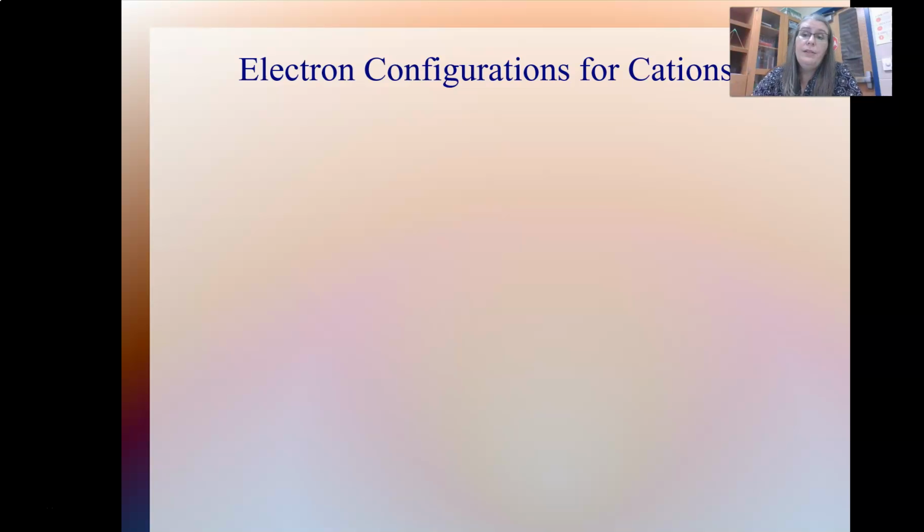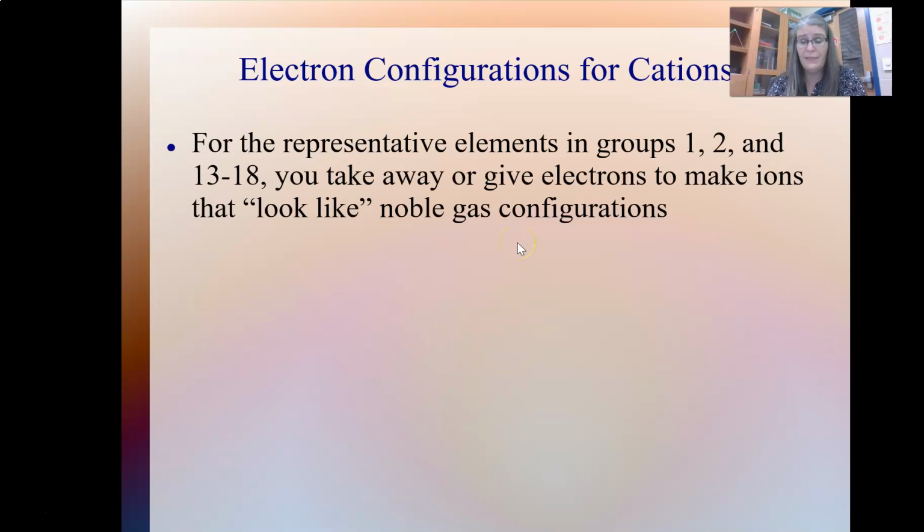So the other thing I wanted to look at was making some anions and cations, especially cations of the transition metals. Because we really should remember how we form ions for the representative elements, the s block and the p block. And that's that we're going to take away or receive electrons so that we make ions that are isoelectronic. They have the same electrons as a noble gas.